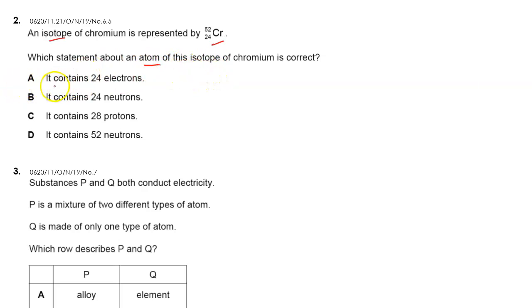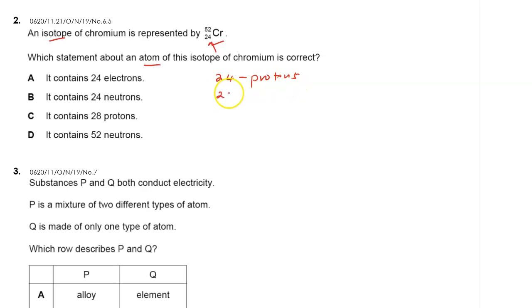So you can see A, it contains 24 electrons. Of course, you can see the atomic number of chromium is 24, so it has got 24 protons. You know that the number of protons in an atom is equal to the number of electrons.